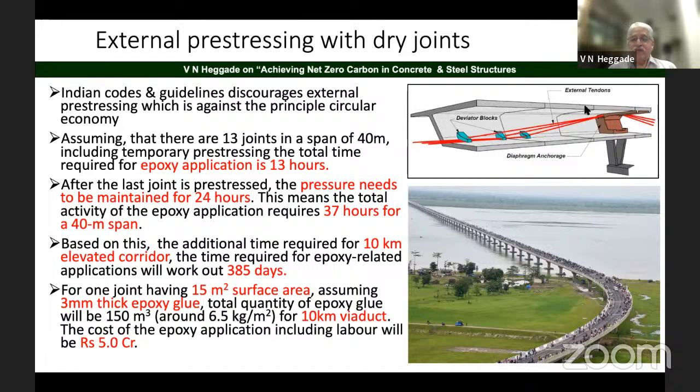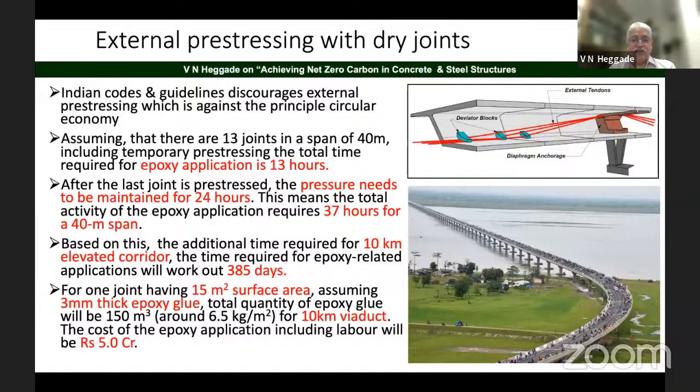If you go for dry joints instead of epoxy glue application, along with external pre-stressing, it is possible for us to save time because of fewer epoxy application operations, and also save the epoxy, which is a carbon product that once again emits carbon dioxide into the environment. For a 10-kilometer viaduct, it's possible to save around 1 year, and the carbon dioxide emission will be reduced to a large extent. And accidents will not take place, since the epoxy glue application is avoided.